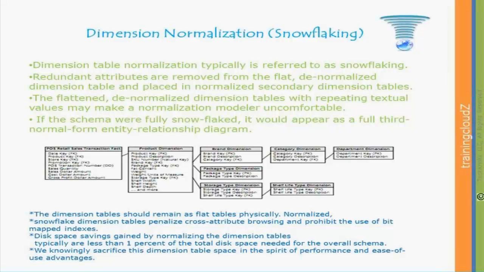And snowflake dimension tables penalize cross-attribute browsing and prohibit the usage of bitmapped indexes. So that is more technical. What is a bitmap index?